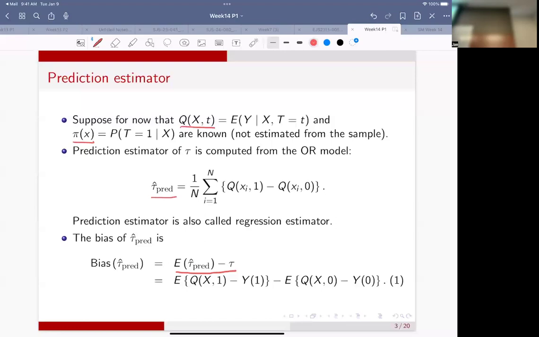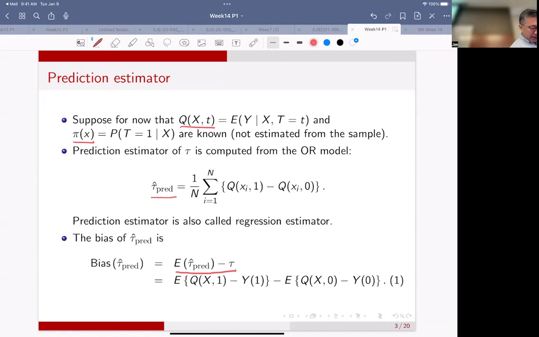Then we take the expectation of this estimator. The only thing random is X, so we take the expectation.